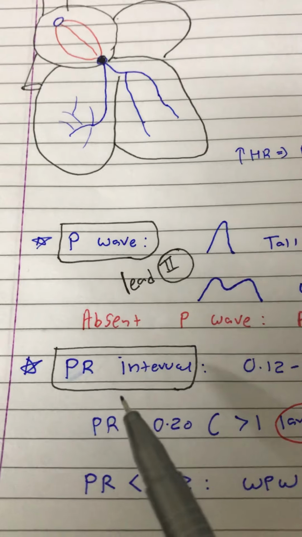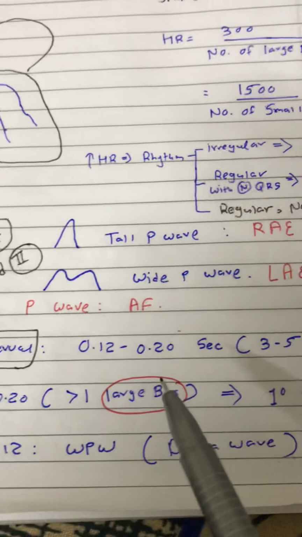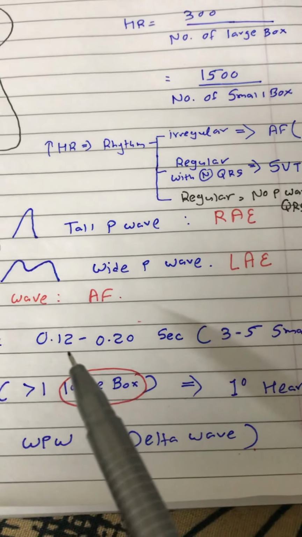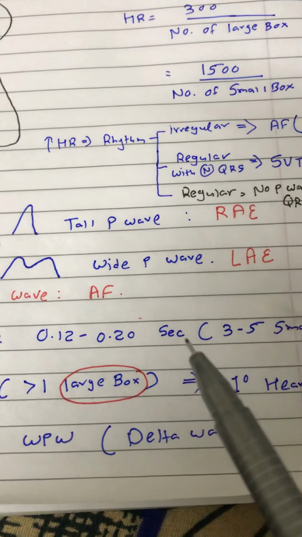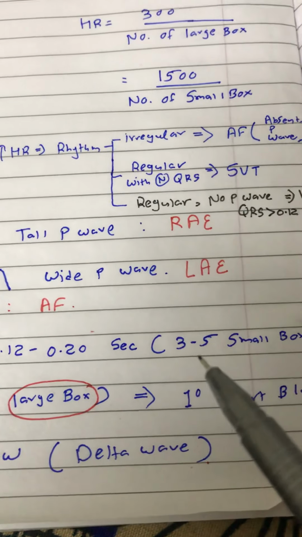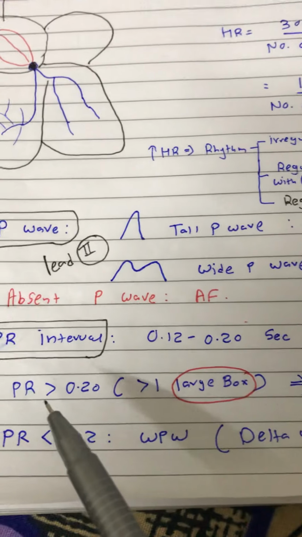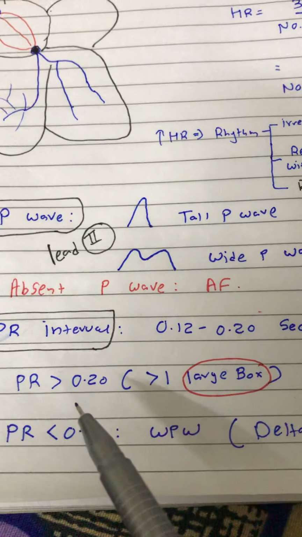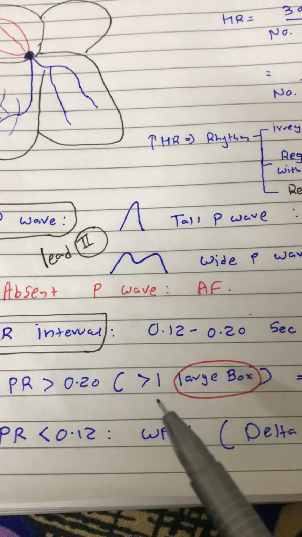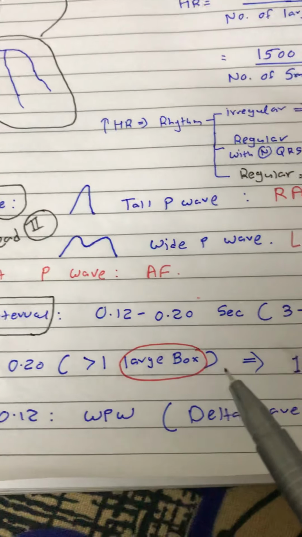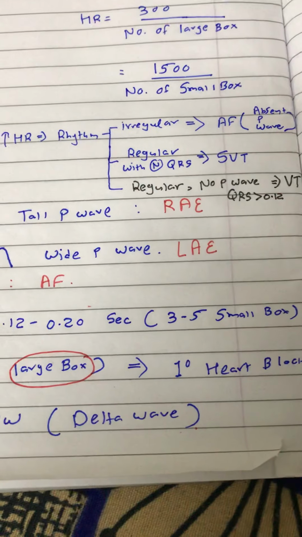Now after the P wave we focus on the PR interval. The normal PR interval is 0.12 to 0.20 second, 3 to 5 small boxes. If the PR interval is more than 0.20, meaning more than one large box, then probably it is a heart block.